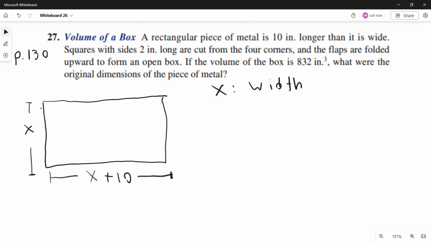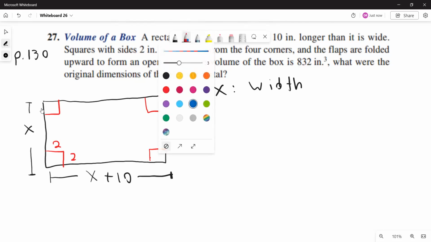We also know that squares with sides 2 inches long are cut from the four corners and the flaps are folded upward to form an open box. So the length of the new box is going to be x plus 10 minus 2 minus 2. That's going to be x plus 6.